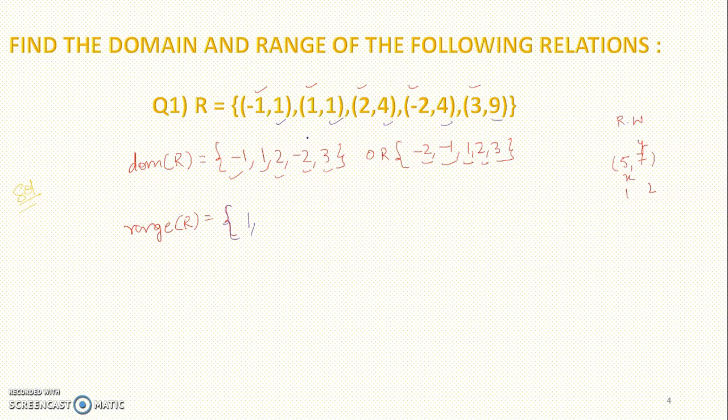You have 1, then you have 4, then you have 9. Are you following, students? Remember this. Here you have 1 and 1 the same, so in the range you will not write them twice. You will write them only once: 1, 4, because 4 is repeated here, and 9.